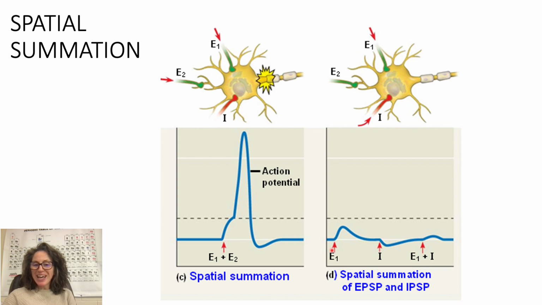However, if we have, for example, an excitatory and an inhibitory neuron, you're not going to have an action potential occurring. Okay, so we have the same neuron that can fire rapidly as a temporal summation, or we can have more than one excitatory neuron that is going to cause an action potential in the postsynaptic neuron.